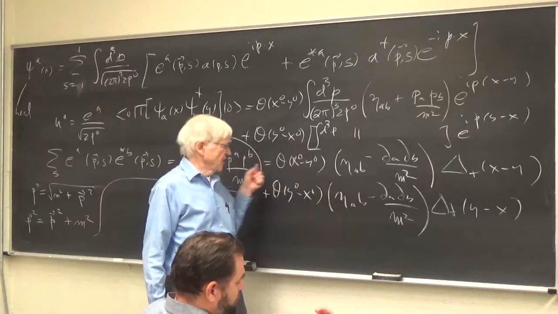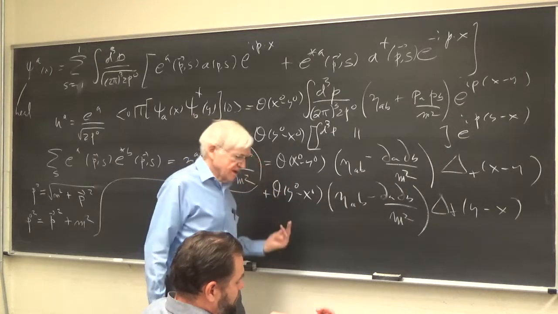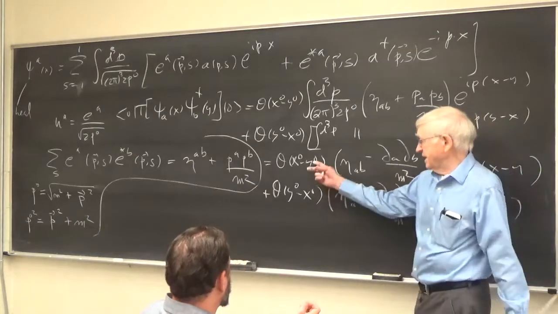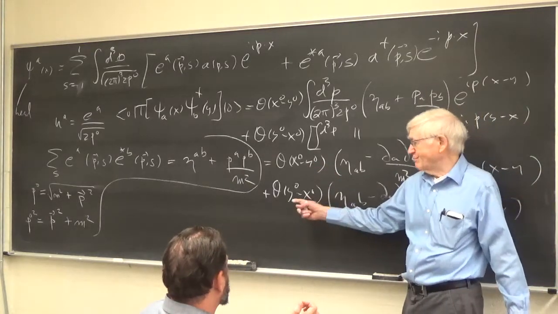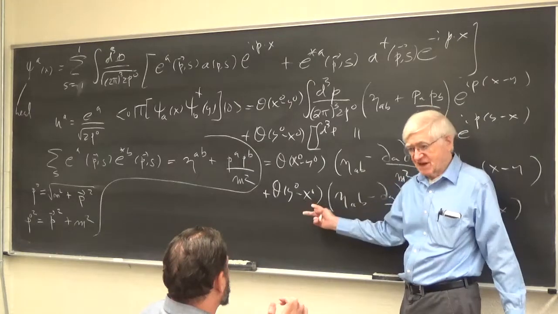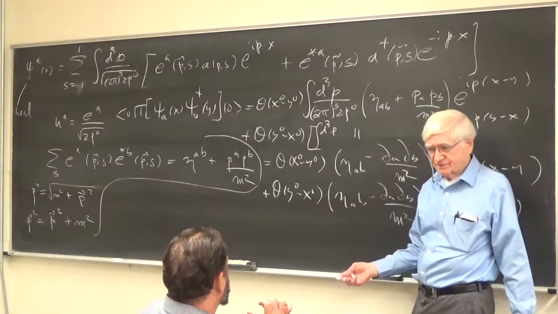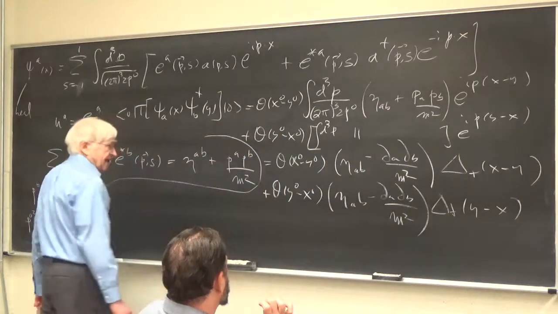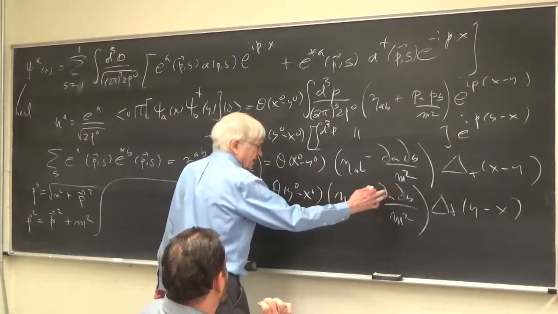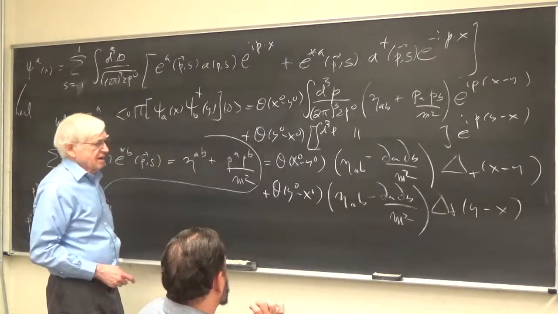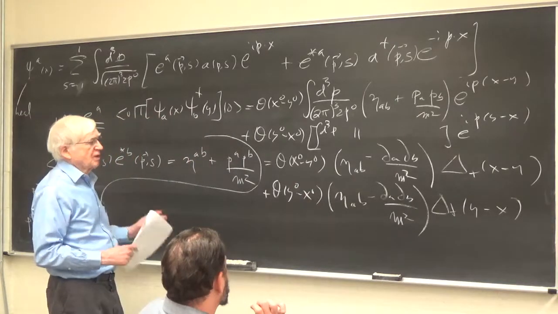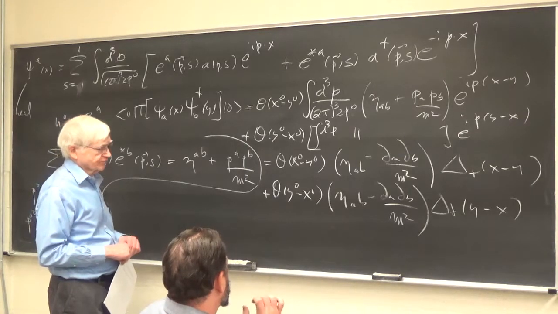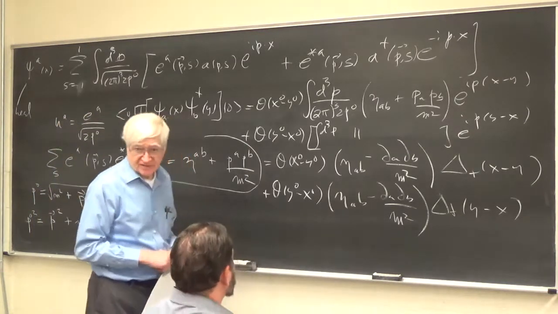When we pulled across the one time derivative, that generated plus delta function of x minus y minus delta function of y minus x, and they canceled. That still is true today for the spin 1 case, so we can pull everybody across. The problem comes with the second time derivative.